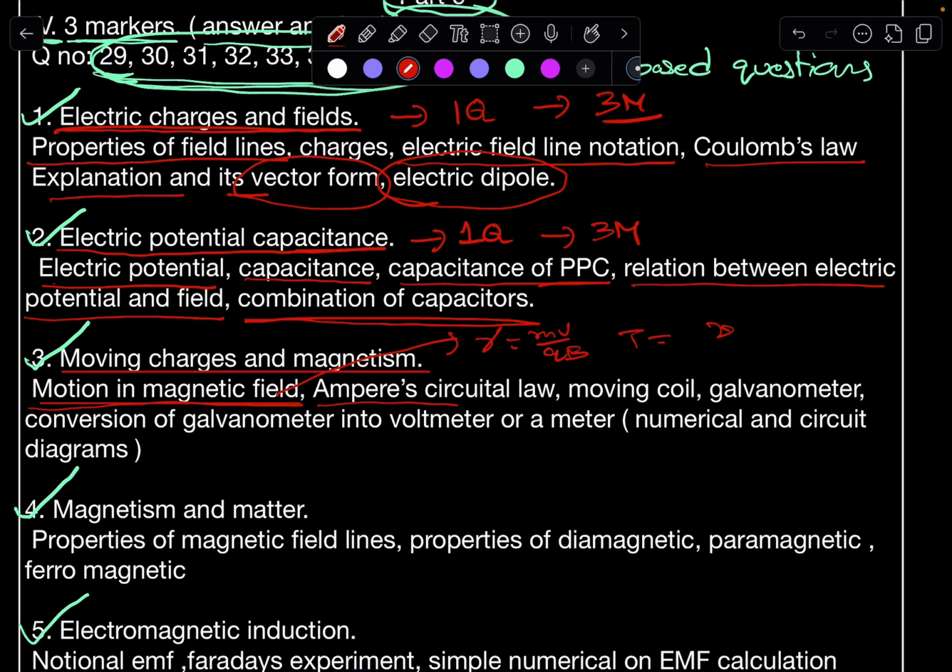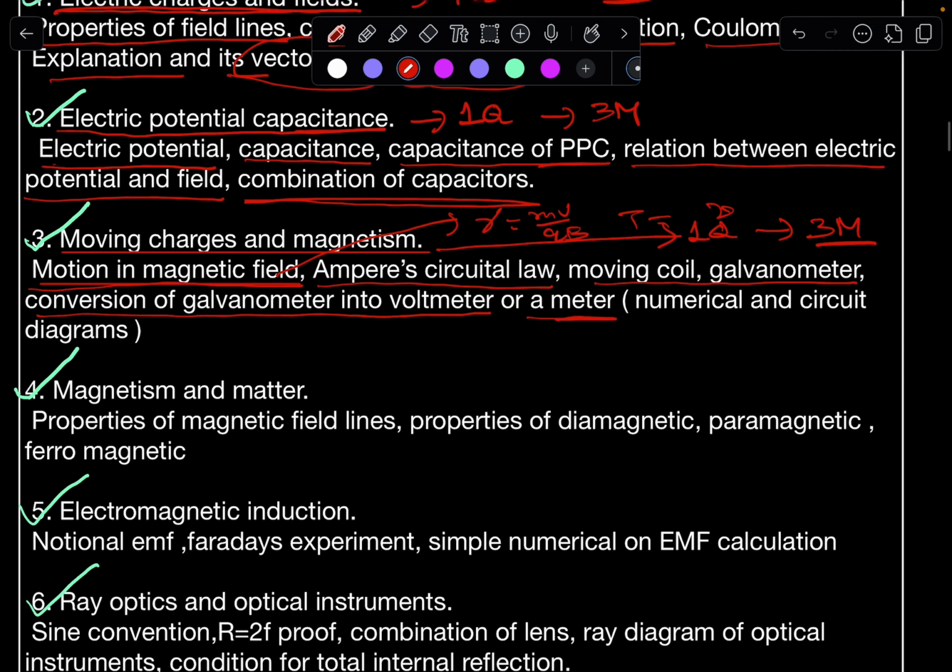The next ones are Ampere's circuital law, moving coil galvanometer, and conversion of a galvanometer into a voltmeter as well as an ammeter. These are the topics covered in moving charges and magnetism. If you practice these topics, here also they will ask one question, and you will get 3 marks.